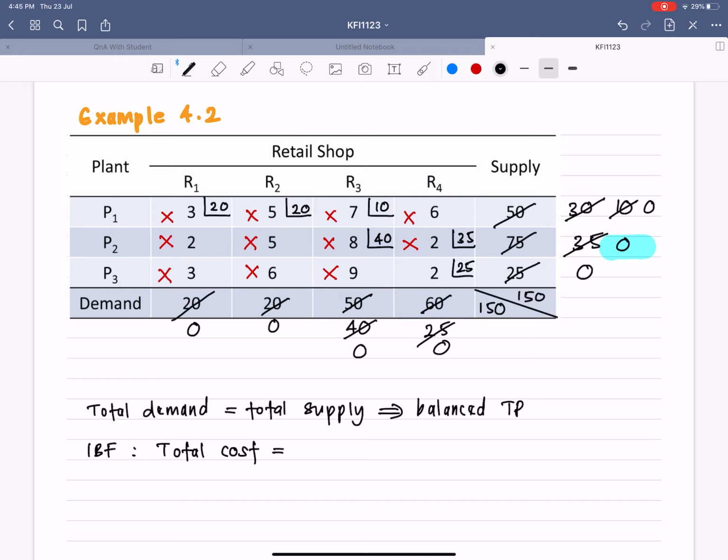It equals 3 times 20 plus 5 times 20 plus 8 times 40 plus 2 times 35 plus 2 times 25.